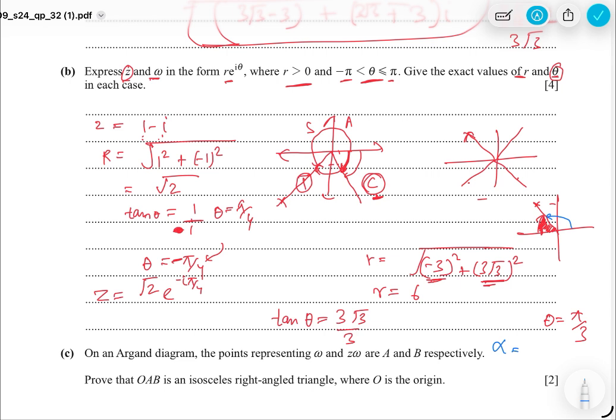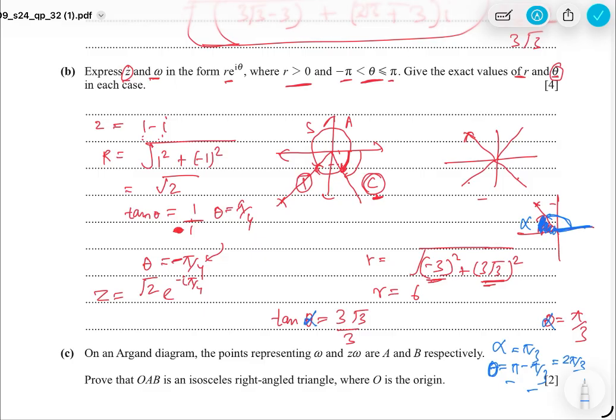Alpha equals pi by 3, and theta would give us pi minus pi by 3. We call this basic angle alpha as well. So this is alpha and this is theta. Theta would be 180 minus this alpha, right? Because the actual angle is always calculated from here. Which will give us pi minus pi by 3, and that would be 2 pi by 3. Now we know the value of theta.